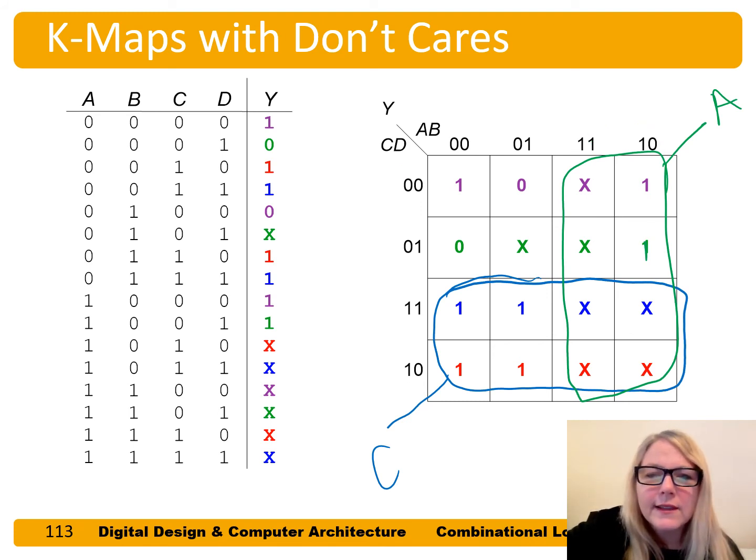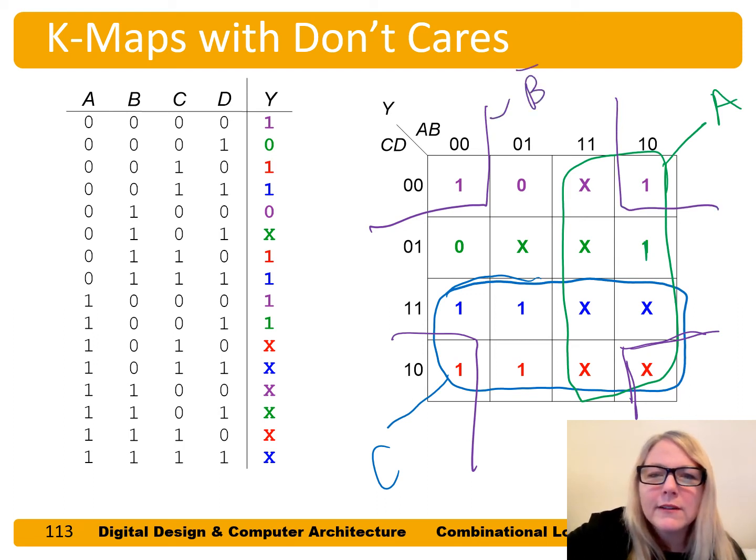And now we look at this last one here. It's tempting to just do that, or something weird, but definitely don't do that. Can't go diagonal. But remember that we can actually circle all of the corners. All the corners have ones, so we can circle all of the corners here. And we get our B bar, so only the complement form of B is in that circle.